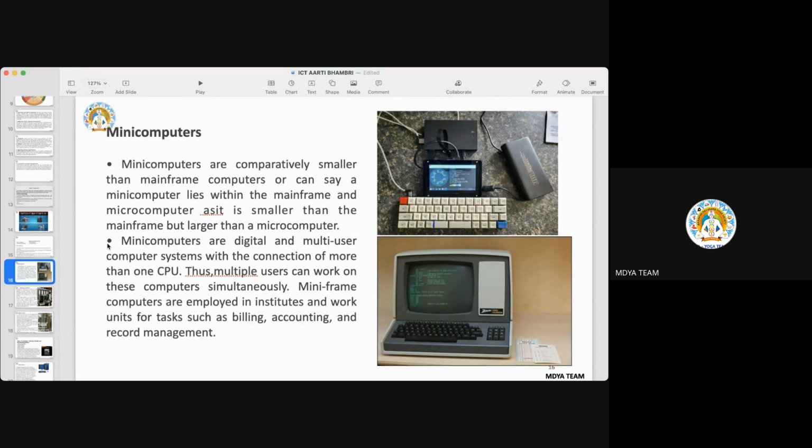Like in an institution, they install minicomputers for billing, for accounting, like we need in finance sectors, banking sectors, or the educational sector where the database records of all students and teachers have to be maintained. So there they use minicomputers.